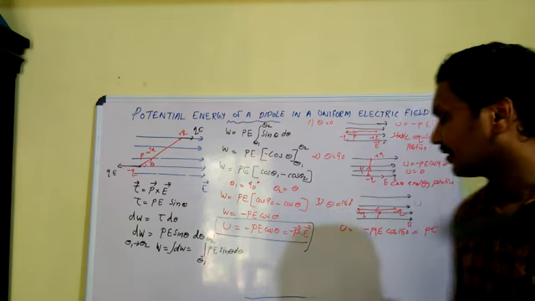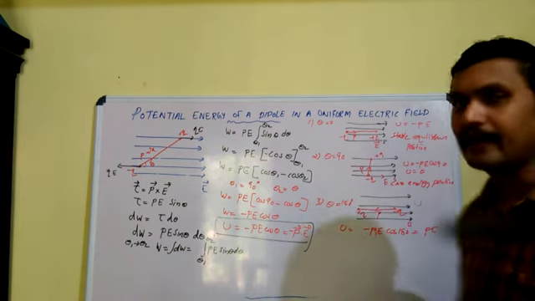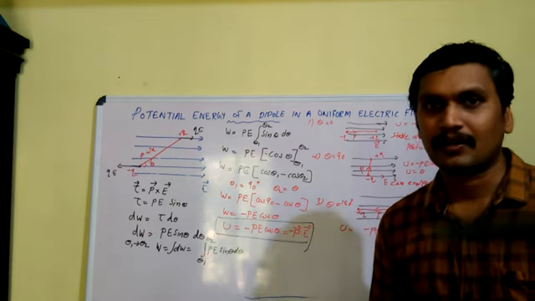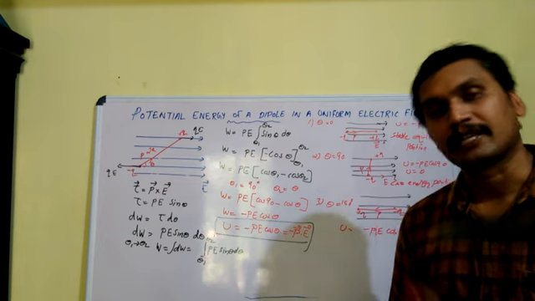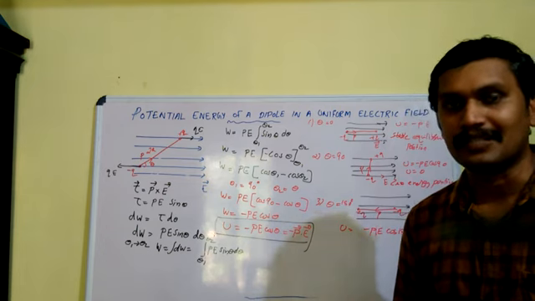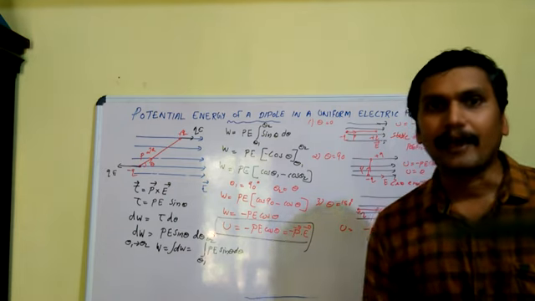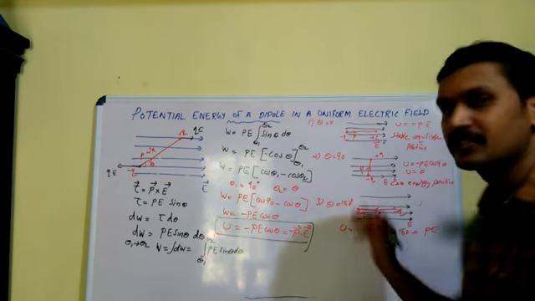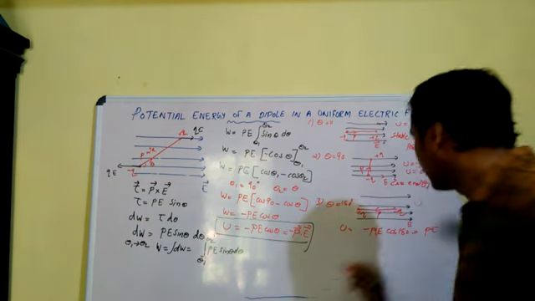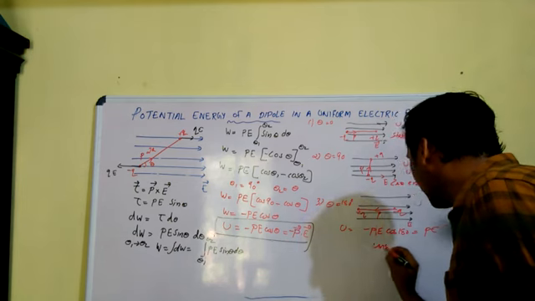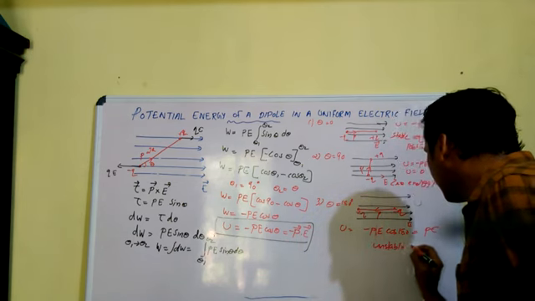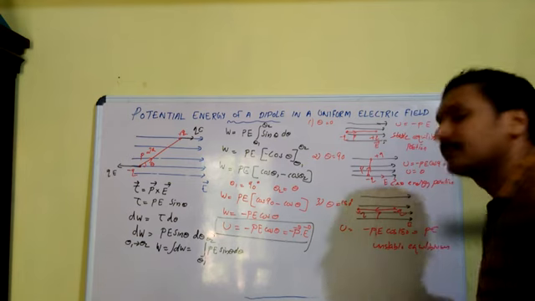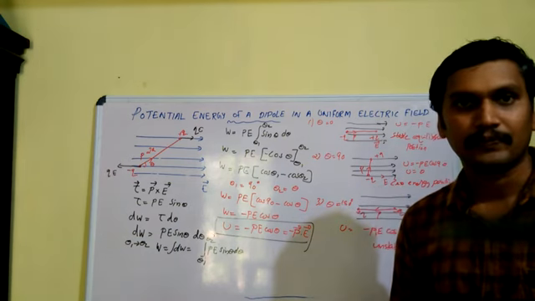If the dipole is anti-parallel to the electric field, the potential energy is maximum. The maximum potential energy is p times E when the dipole is anti-parallel to the electric field. So we call this an unstable equilibrium position of the dipole.